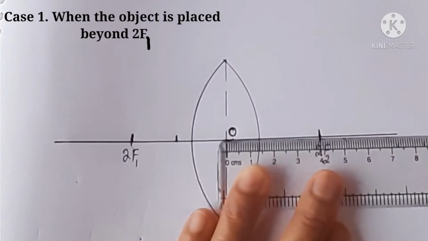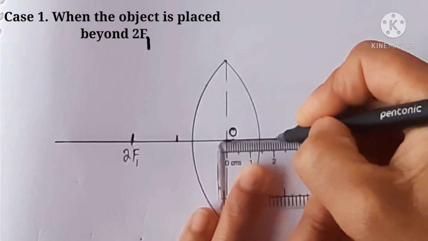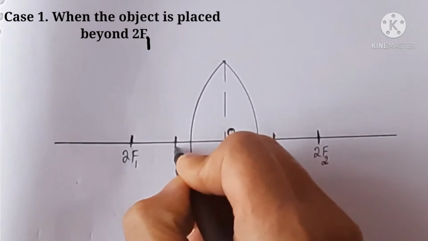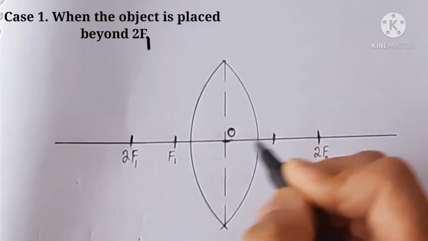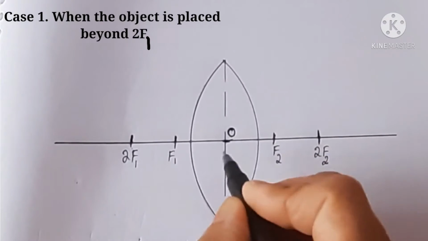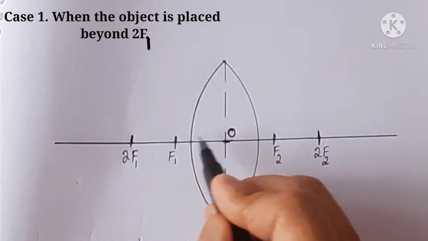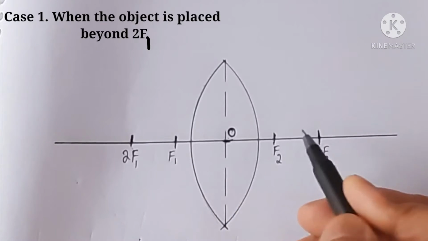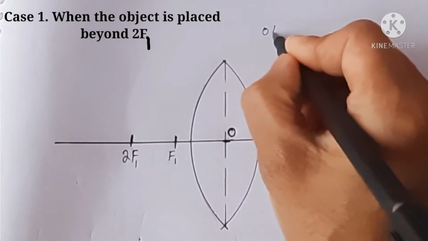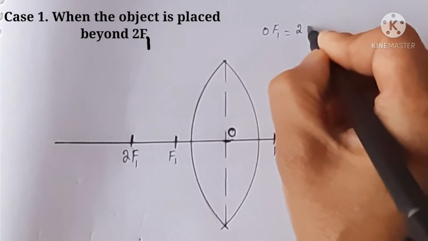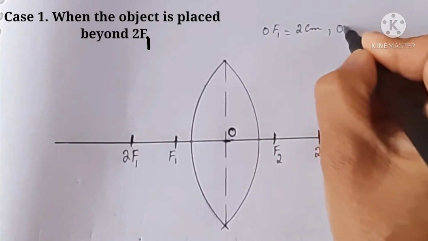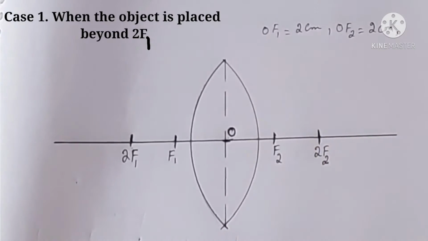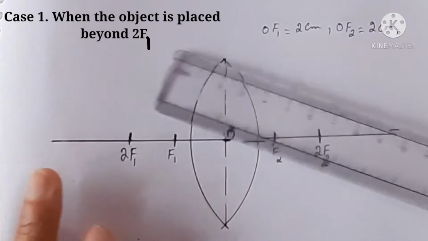That means at 2 centimeters, you will have the principal focus F1 and here F2. So always equal length. OF1, if it is 2 centimeters, OF2 also should be 2 centimeters. So OF1 I have chosen 2 centimeters, OF2 also should be 2 centimeters.